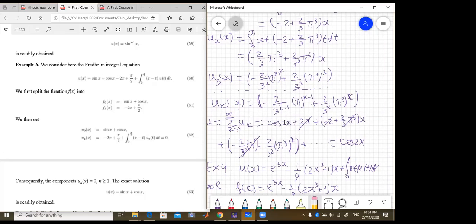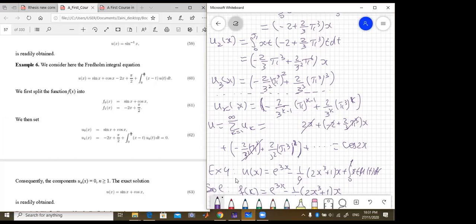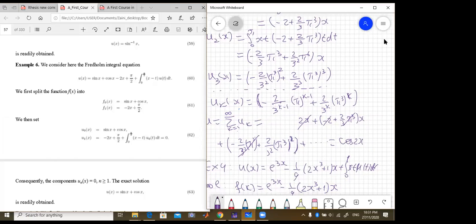Let me write it with this one. Here something is wrong. Anyway, this one should be okay. If I remove this, then write cos x.